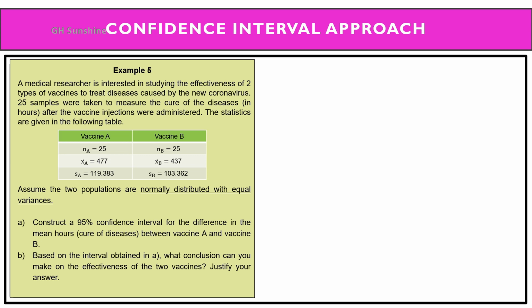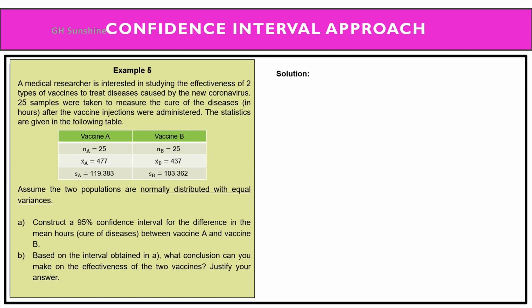The statistics are given in the following table: the sample size, the sample mean, and also the sample standard deviation of each vaccine. Assume the two populations are normally distributed with equal variances. First question, construct a 95% confidence interval for the difference in the mean hours between vaccine A and vaccine B.